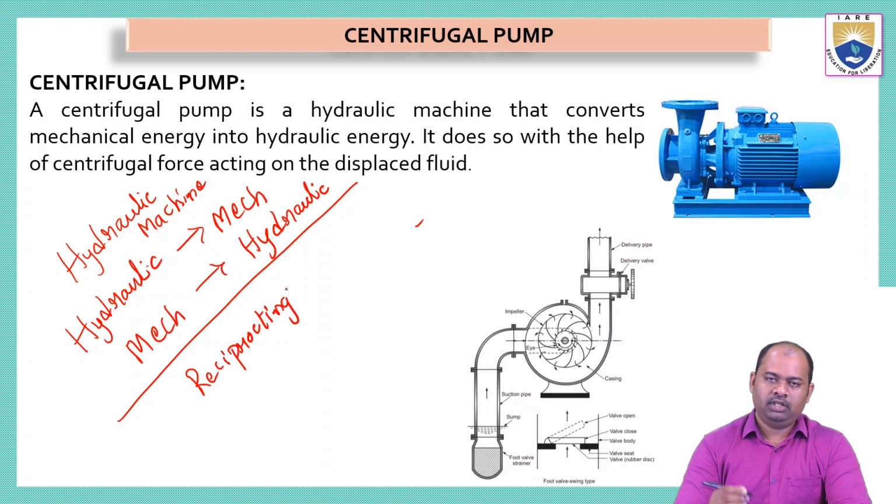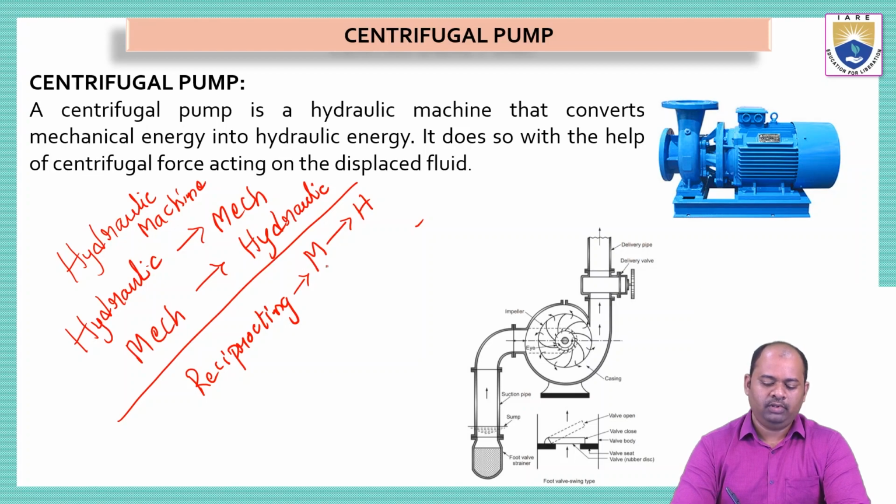We know in all pumps the mechanical energy is converted into hydraulic energy. So this is what happens in any pump. Now we have separate techniques in reciprocating pumps as well as in centrifugal pumps. We need different techniques in order to convert this energy. That means the mechanical energy is to be converted into hydraulic energy by using different methods. In reciprocating pumps, we will use a technique called crank rotation.